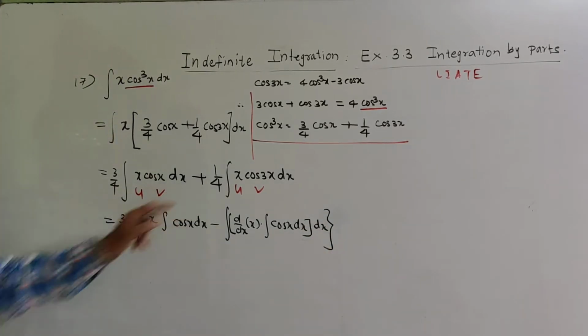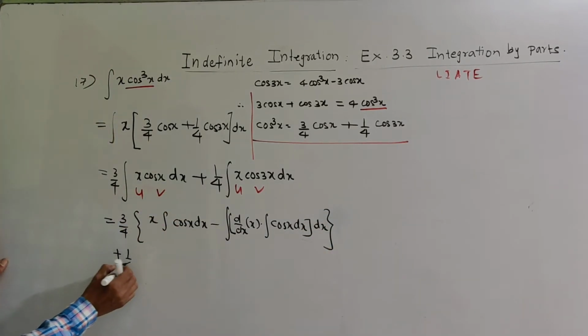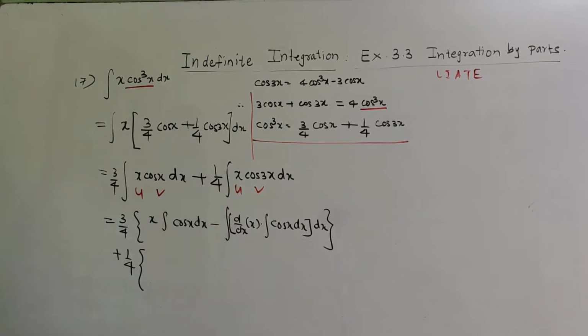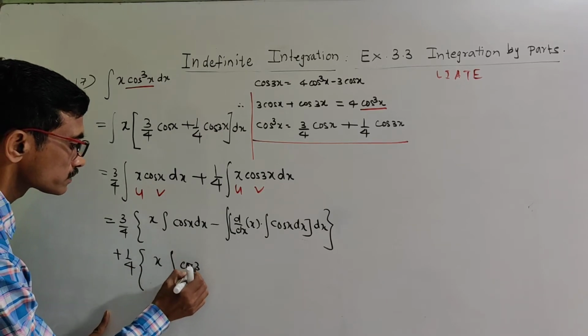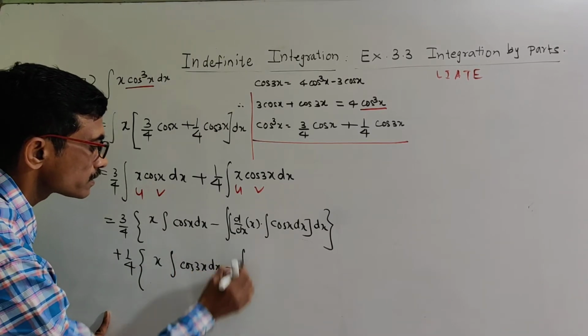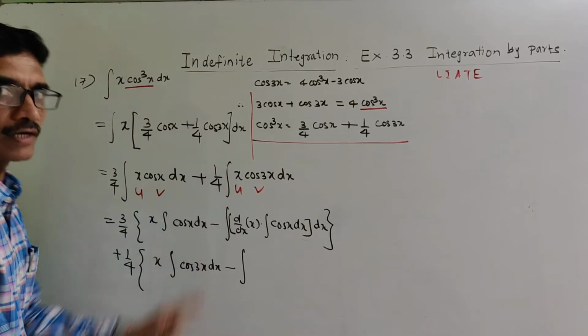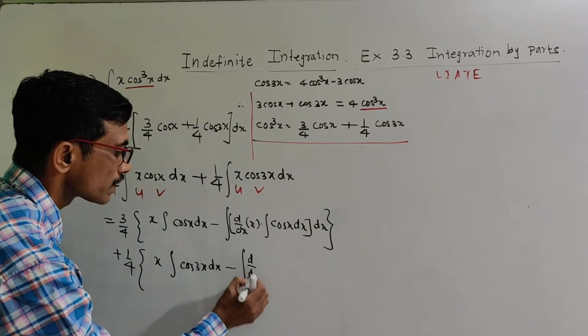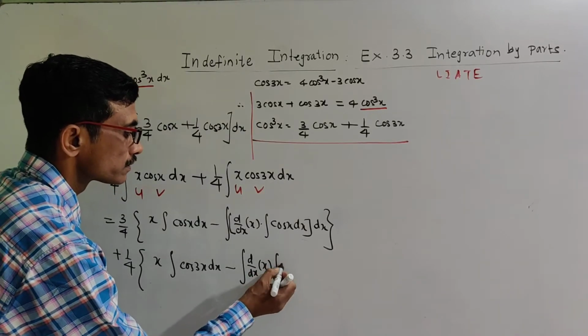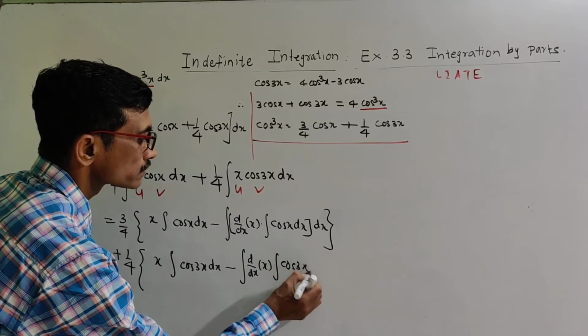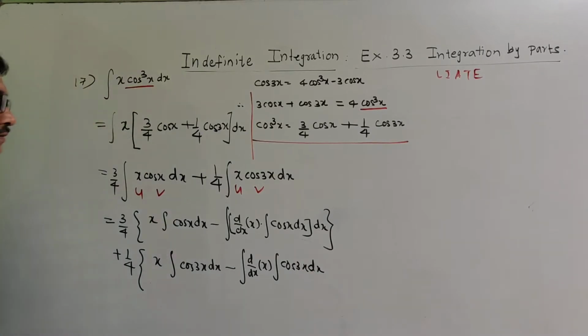Then another is plus 1 by 4 integral of this u as it is, that is x, integral of cos 3x dx, minus integral of derivative of x, integral of cos 3x dx. Again this bracket completes.